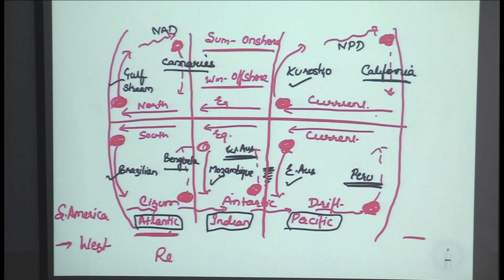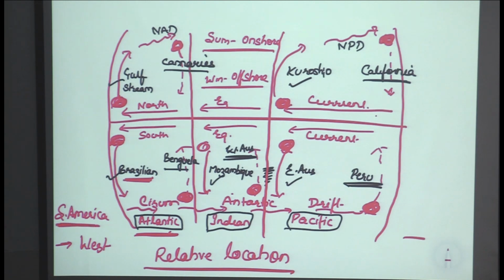This is called relative location. So if I try to see it from the perspective of land, where is the Brazilian current? The Brazilian current is located on the east coast of South America, right? And when I read it from the Atlantic Ocean, it is the west coast of the Atlantic.